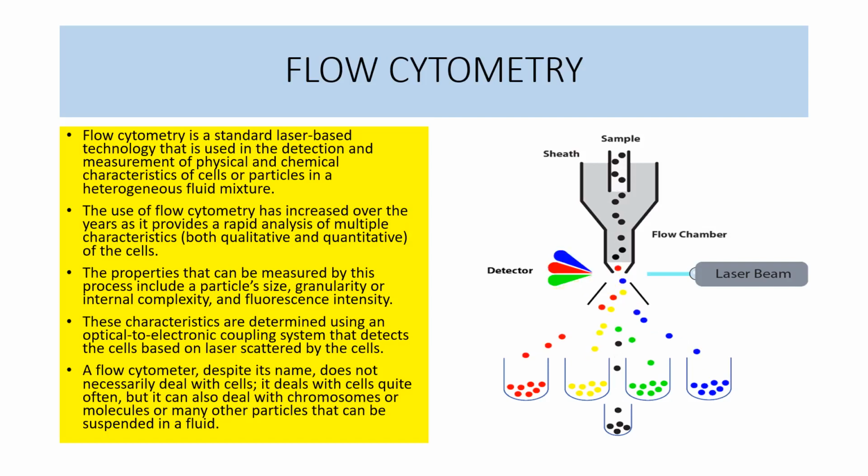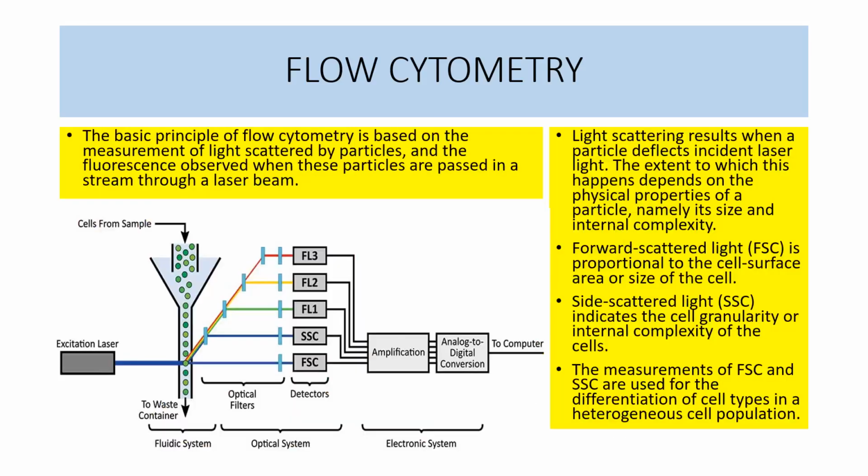So the laser beam is responsible for this: when it falls on these particles or molecules or the cell, the detector will detect it and give the information to the computer. So it is helpful for cell analysis as well as cell sorting.